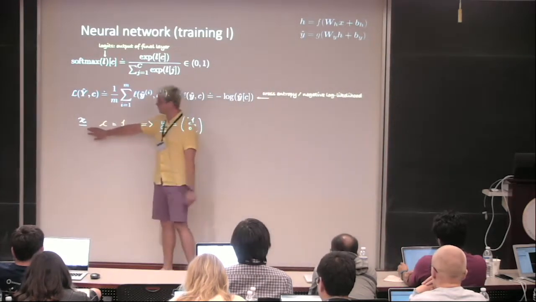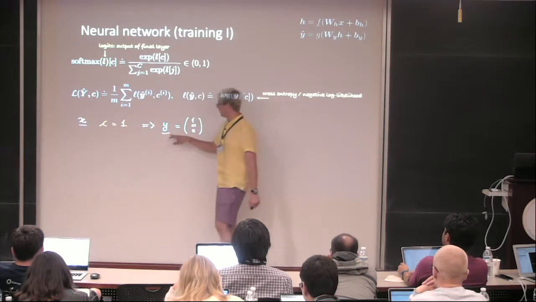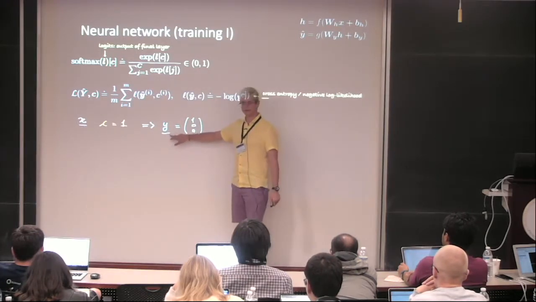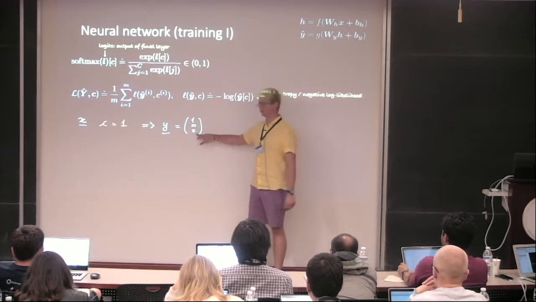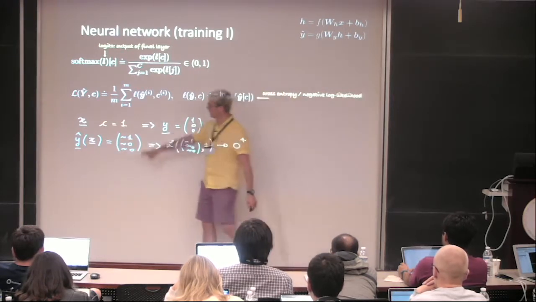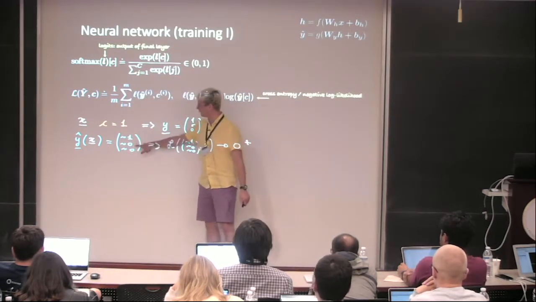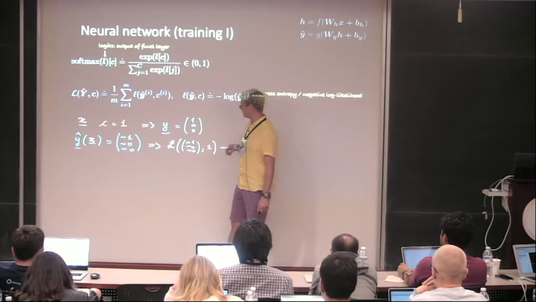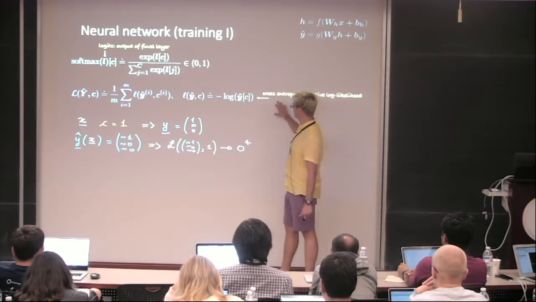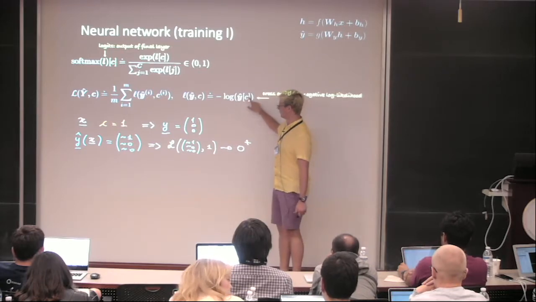So let's see by example. We have my input here, an x, and the correct class is 1. And so the correct label should be 1, 0, 0. All right, so let's say my y hat produces something that is very, very similar to 1, 0, 0. How is this loss performing? We get the minus log of the correct class.